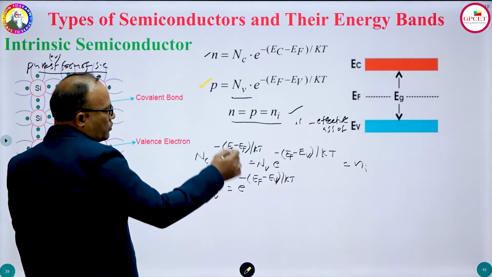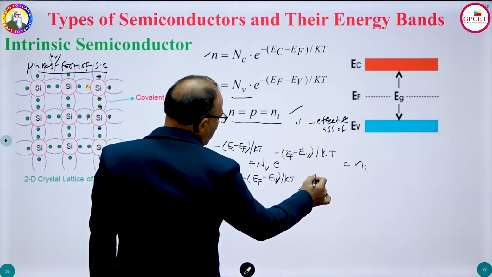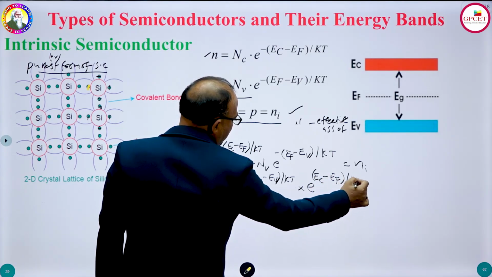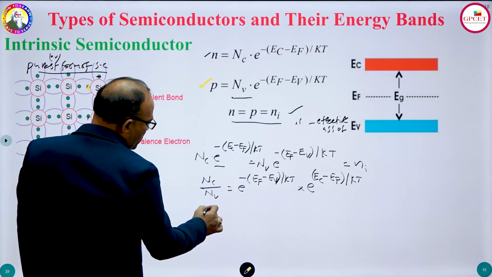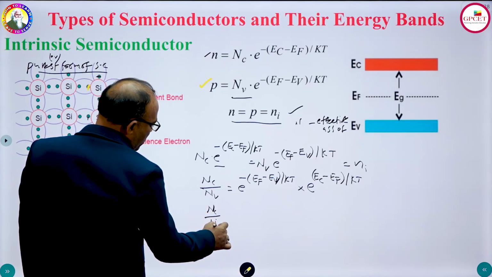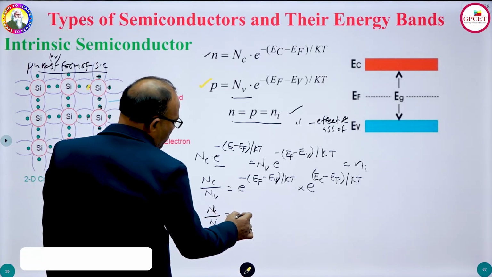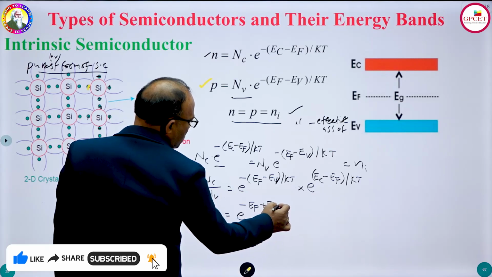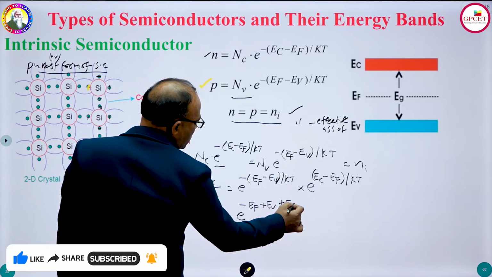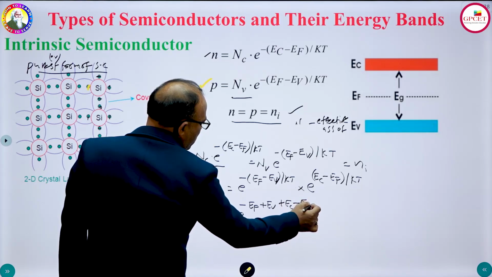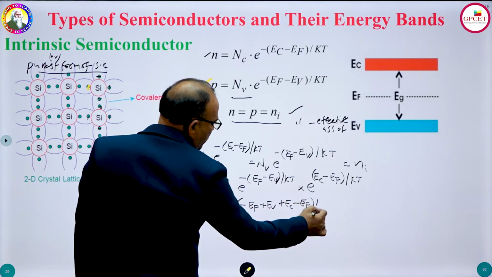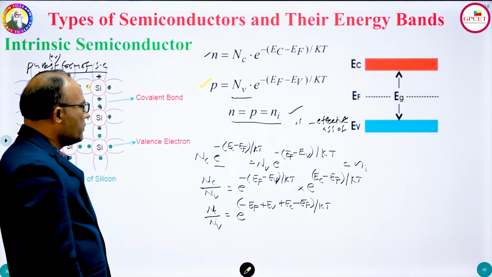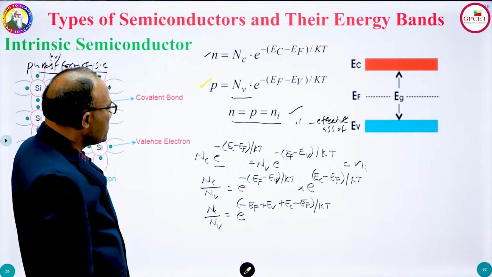This e power goes to numerator, you get e power (Ec minus Ef) divided by kT. So Nc by Nv is equal to e power minus of (Ef plus Ev) plus (Ec minus Ef) divided by kT, that is equal to (Ec minus Ef) divided by kT minus (Ef minus Ev) divided by kT.